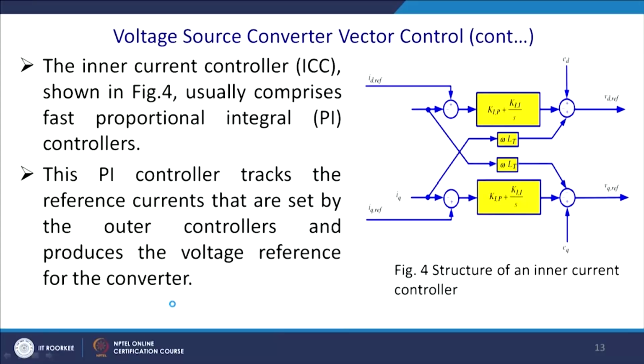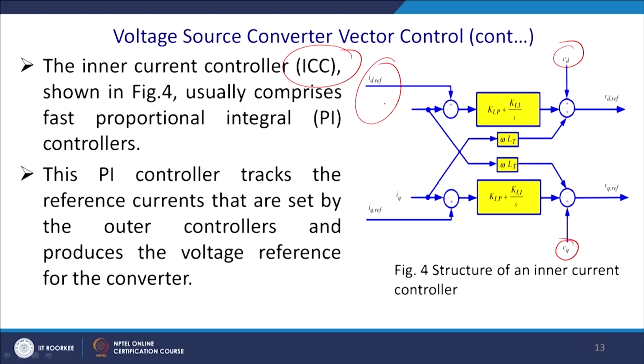Now, the inner current controller, that is ICC, shown in the figure here, see how it works, and it has cross relations. So, you have ID reference, and these are voltages in the DQ frame, and ultimately you have to compare with the other voltages.